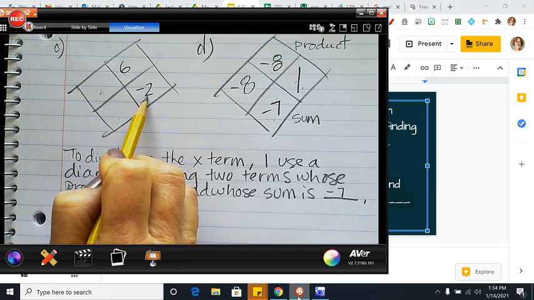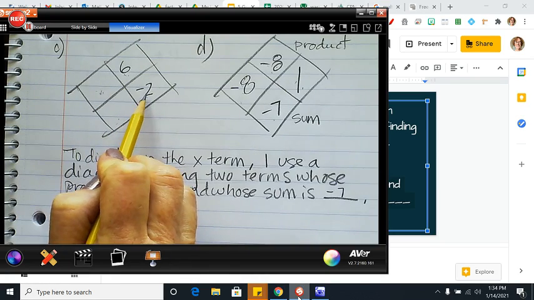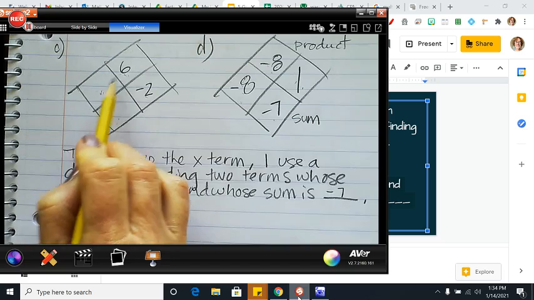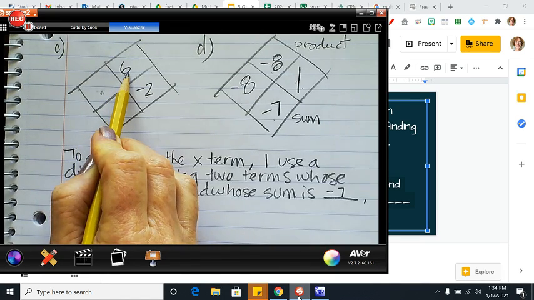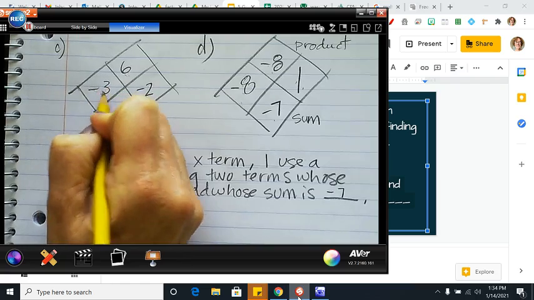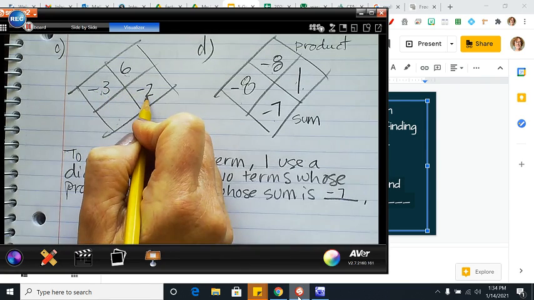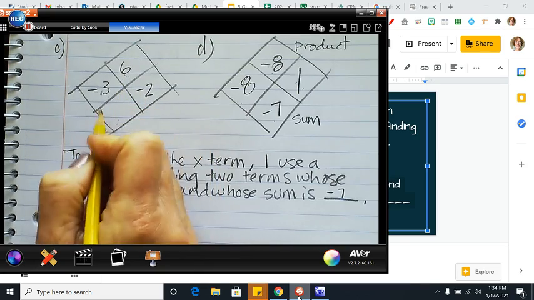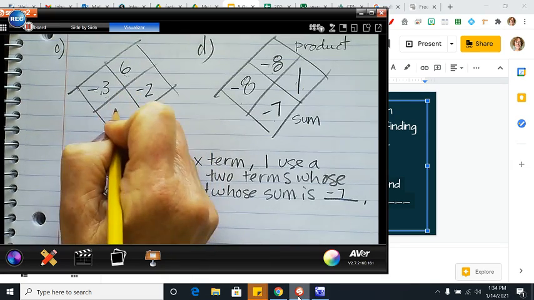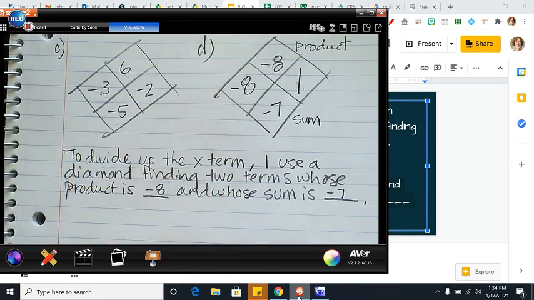If this factor is -2, it's asking me -2 times what is +6. That's got to be -3. -3 times -2 is +6. So I'm going to add -3 and -2 for the bottom, for the sum.